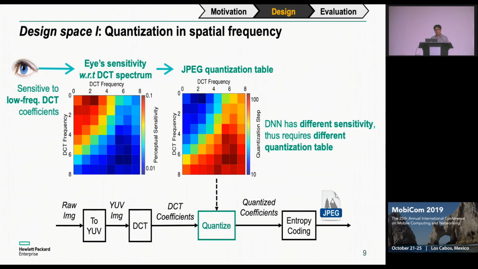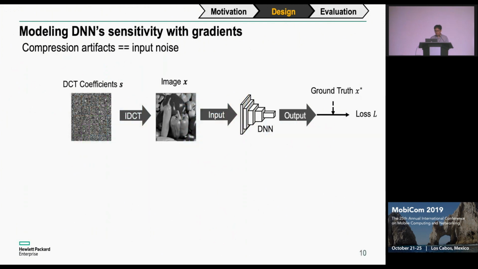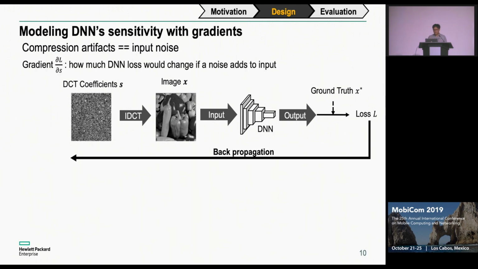So how can we do that? To do that, we first need to model DNN sensitivity. The high-level idea here is that from the DNN perspective, compression can be viewed as adding noise to the input images. And the gradients that we can calculate through backward propagation characterize how much a small noise in the compressed input would affect the final loss in the deep neural network.